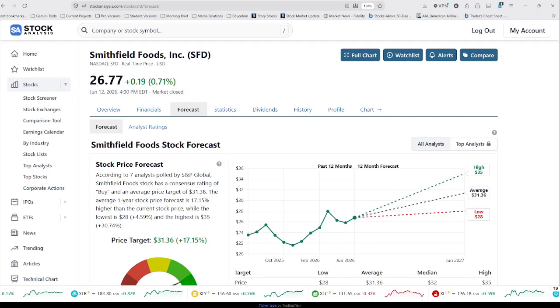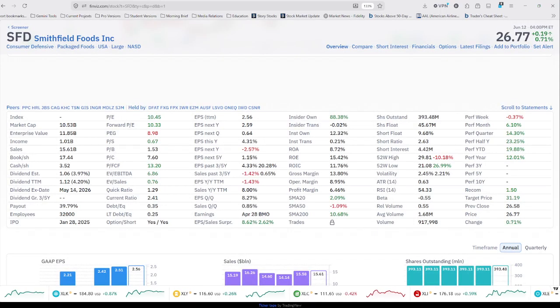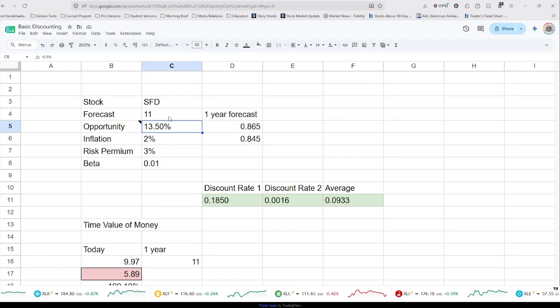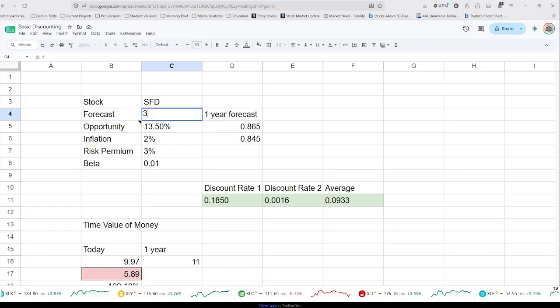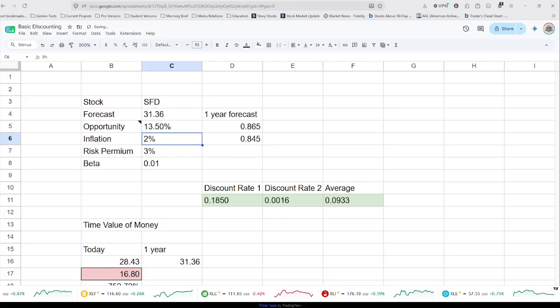Your 3136 is your, see here, it's your forecast. Okay. Inflation at 2%, risk premiums at 3%. So basically we're saying the company owes me at least 13.5%.